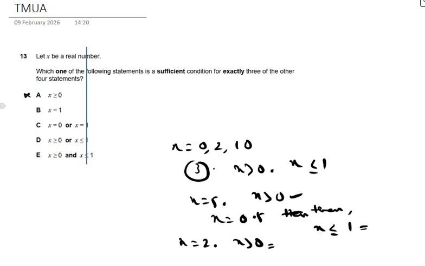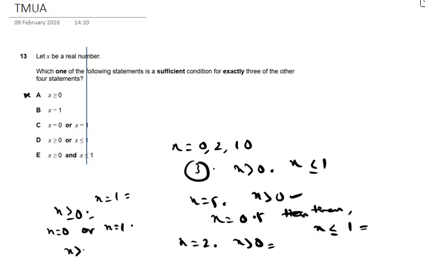Okay. Now come to statement B, that is x is equal to 1. Now let's assume x equals 1. Now we check the remaining 4 statements one by one. First, x greater than or equal to 0. Since 1 is greater than 0, this is true. Second, x is equal to 0 or x is equal to 1. Since x is equal to 1, this is true.